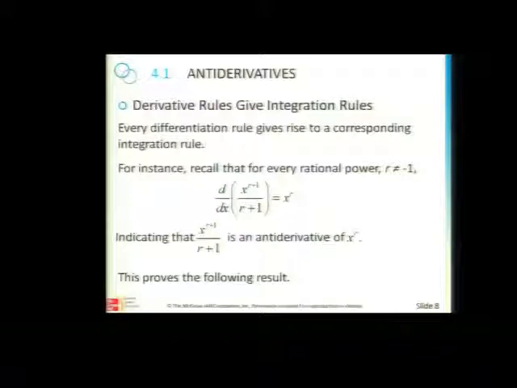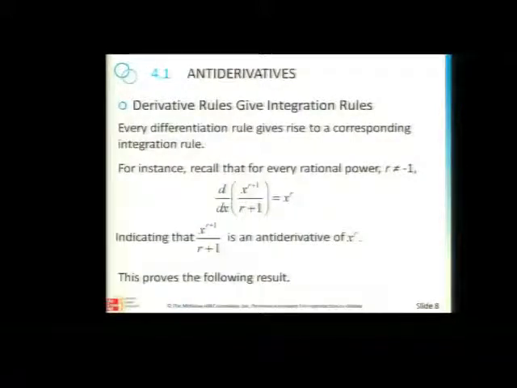Using the power law, when you differentiate x to the power r plus 1 over r plus 1, where r is a constant, it's not a fixed constant. It can be 1, 2, 3, whatever. According to the power law for differentiation, we get x to the power r. And this will give you one rule for integration.